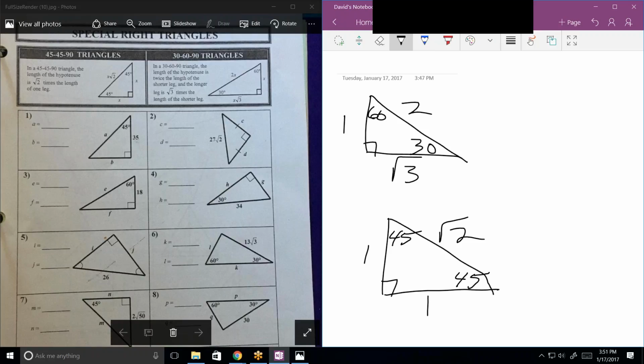Because you're rapidly coming up on trig. You're going to get a little bit of trig in geometry this year, and you're going to get a lot of trig next year. Trig kind of begins with these two triangles and their dimensions. Trig is all about relative dimensions. In other words, the sine of 30 degrees is 1 over 2.